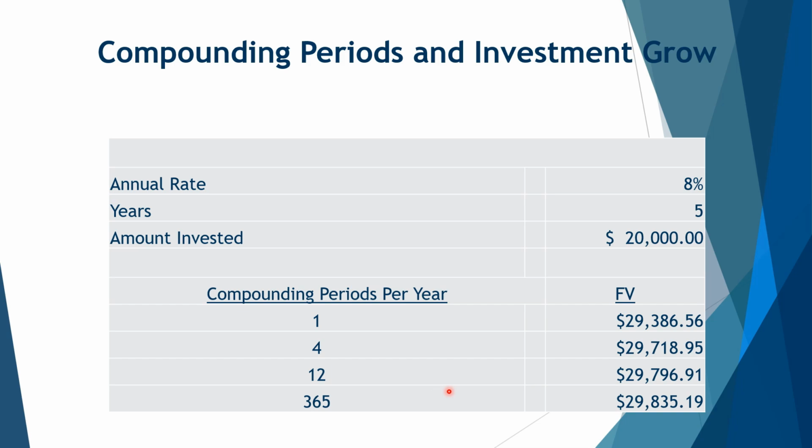When we have 12 compounding periods per year, we have 29,796. And then when we have 365, so when we do daily compounding, we have 29,835. So what we see here is that the value is going up slightly when we have more compounding periods.